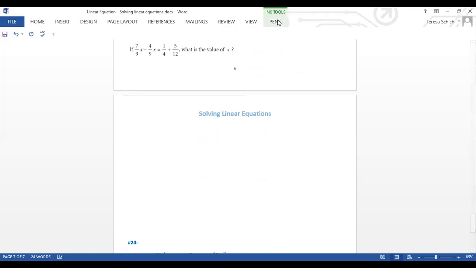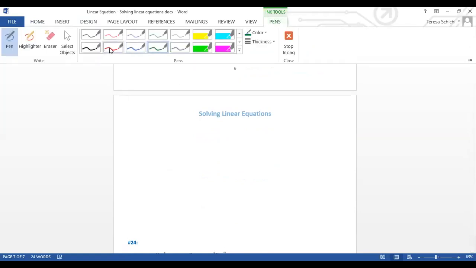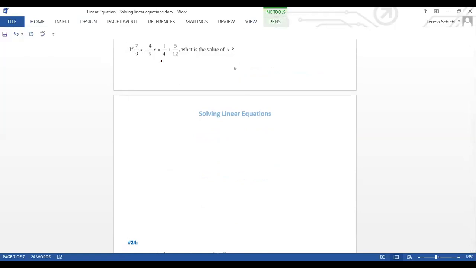This one is a pretty good problem also. So what are they trying to test you on here? This problem has fractions, and we do not like fractions, right?